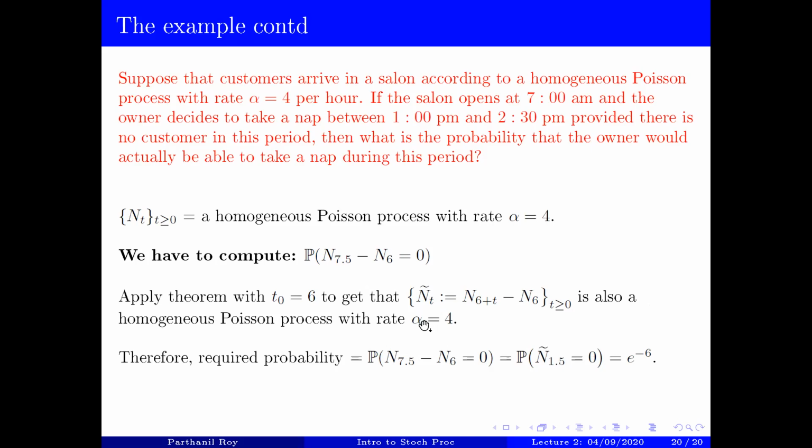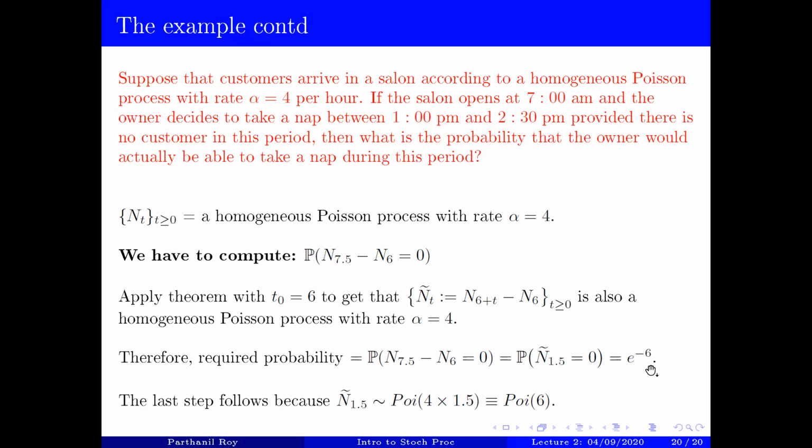Now N tilde(1.5) is Poisson with parameter 4 times 1.5, which is parameter 6. So you're asking for the probability of a Poisson with parameter 6 taking the value 0, and that is e to the power minus 6.